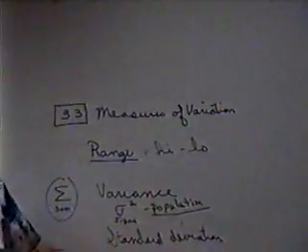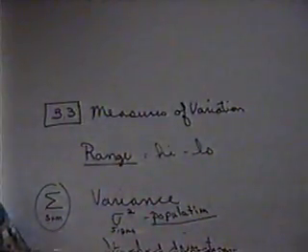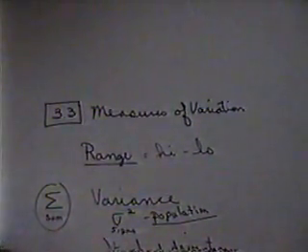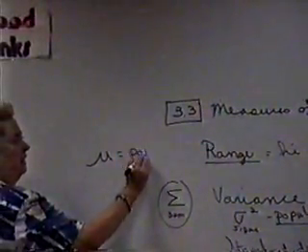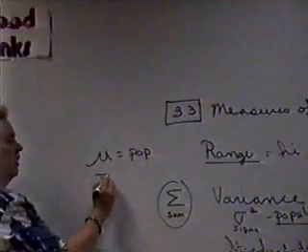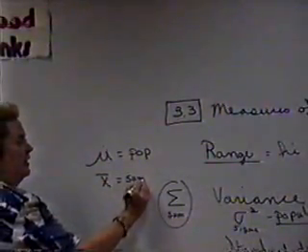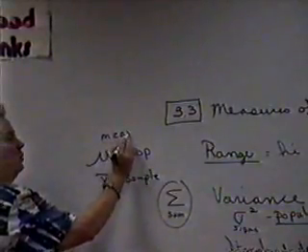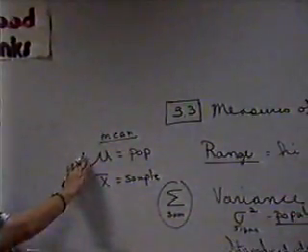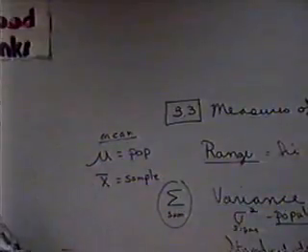If you remember when we looked at the mean, we had two different designations for the mean. We called mu the mean if we had a population, but x bar was the mean if we had a sample. And it was just a way of labeling it so that we knew if you were working with all of the data or part of the data.